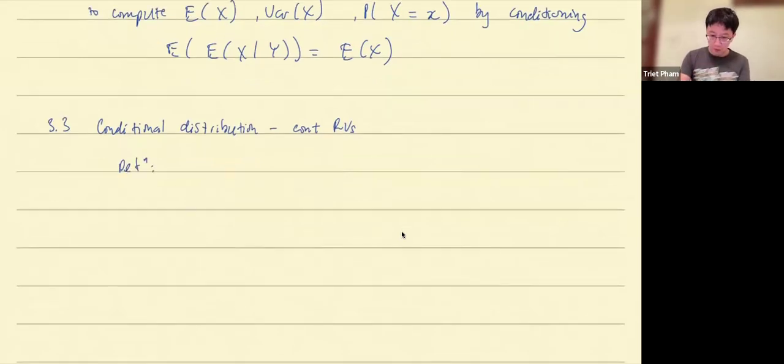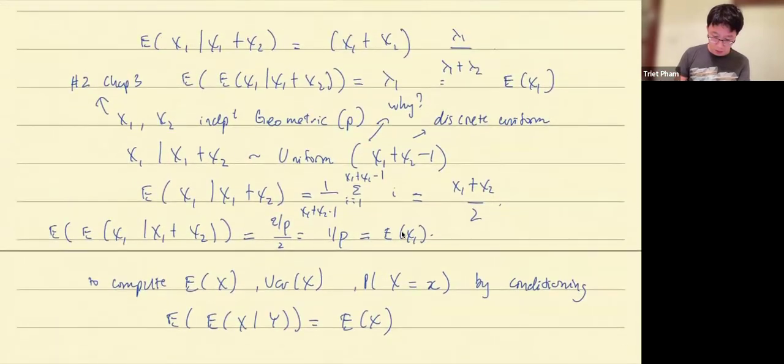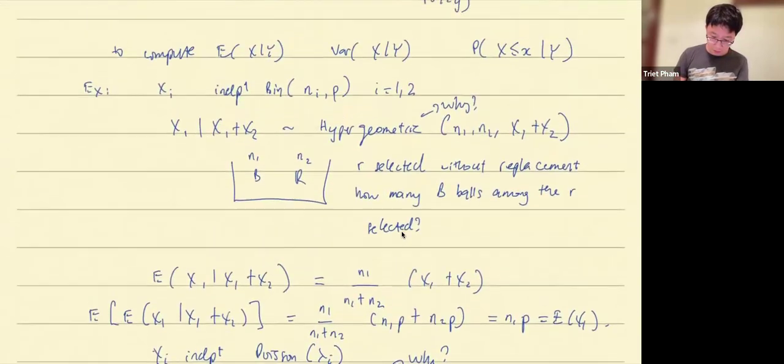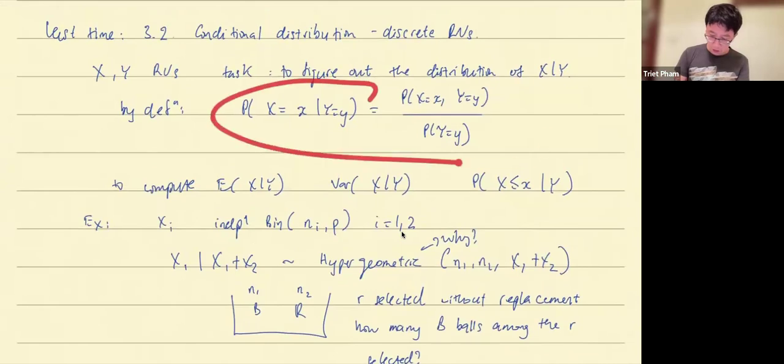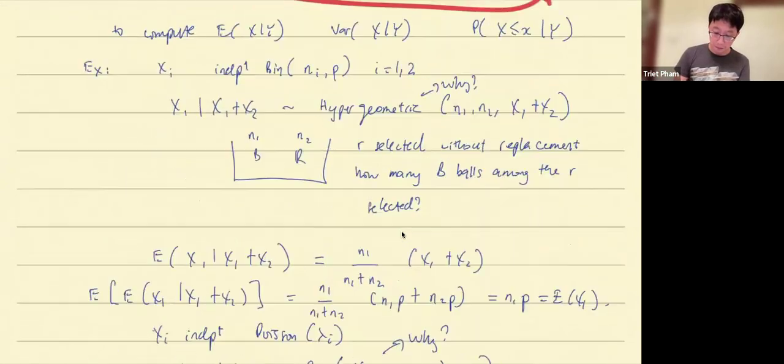So first of all, if you have continuous random variables, then what you have to talk about is the PDF, okay, instead of the probability distribution function or probability mass function. So instead of talking about conditional probability, you talk about conditional PDF, right?